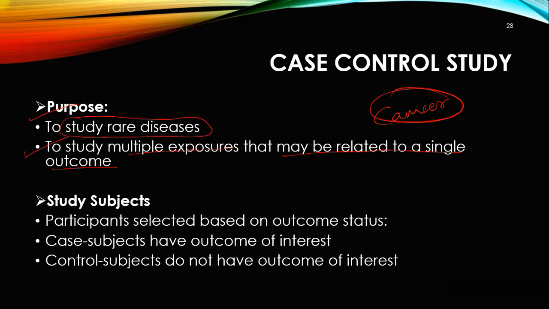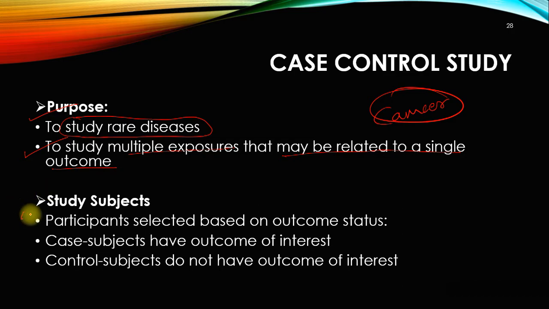If a person is working at some factory, the chemicals in the factory can also lead to cancer. Okay. So with multiple exposures, we have to try to find out which are the different exposures that may lead to the single outcome. So in the example, the single outcome is cancer.